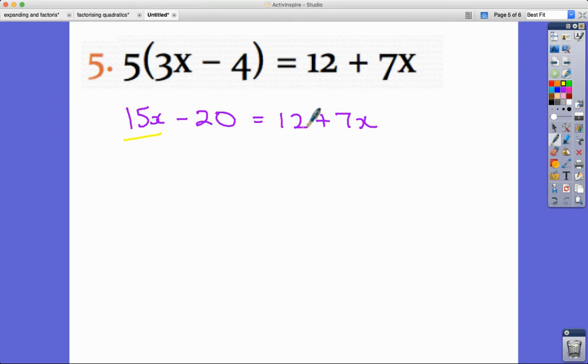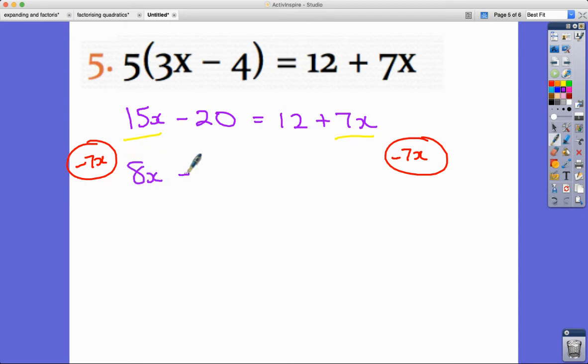Now we're left with a 15x and a 7x, and obviously the smaller of those is the 7x. So we're going to subtract 7x from both sides. And we get 15 minus 7, which is 8x, minus 20. The 7x has gone from this side, equal to 12.